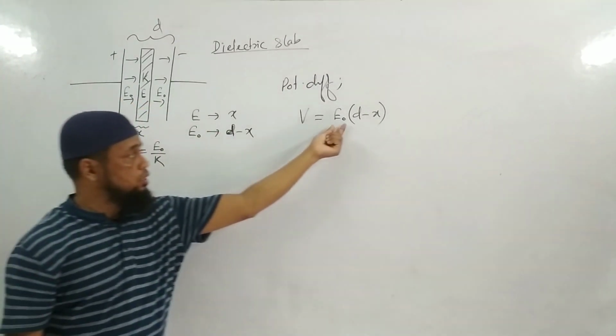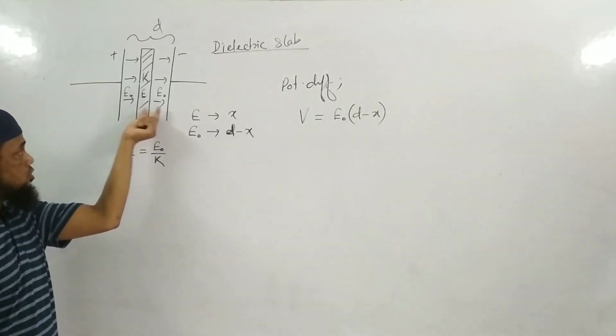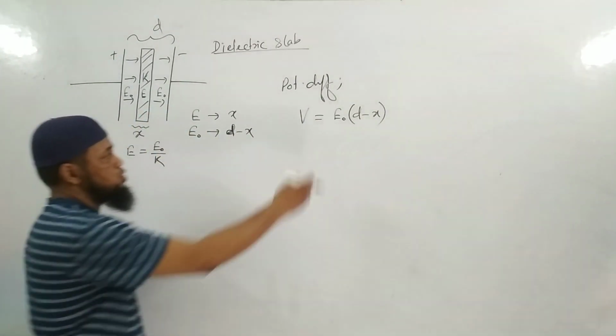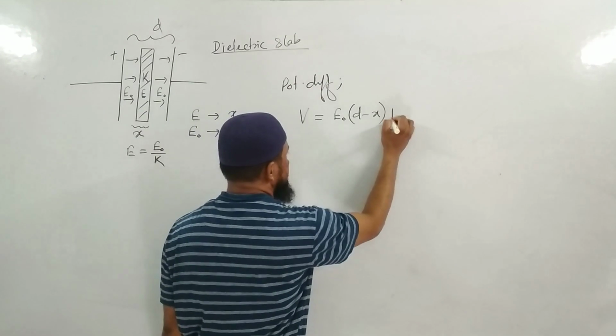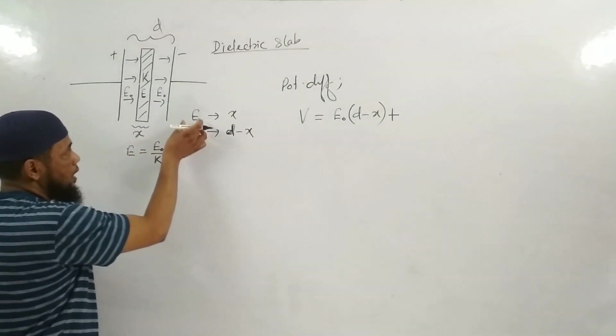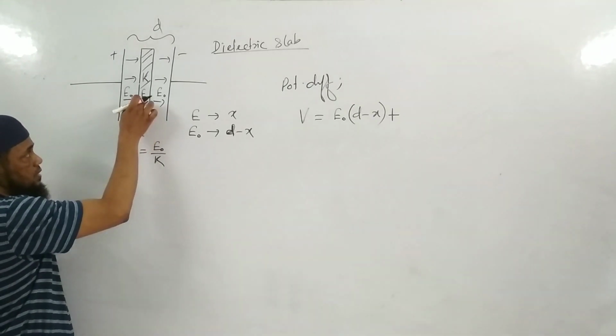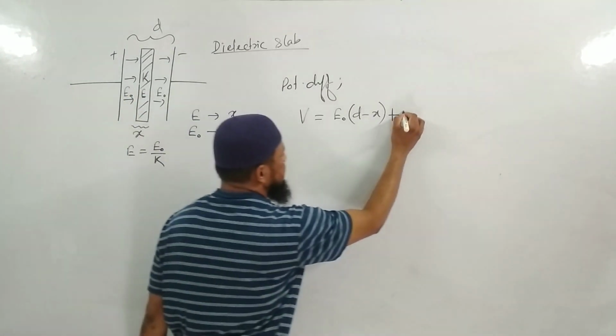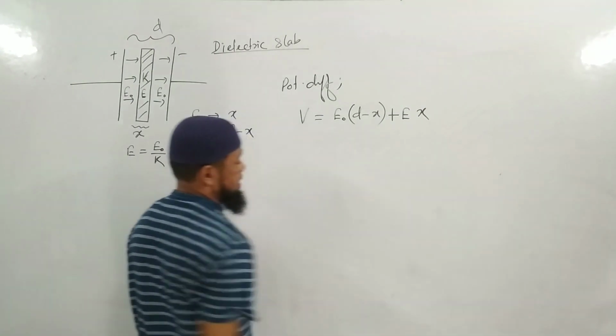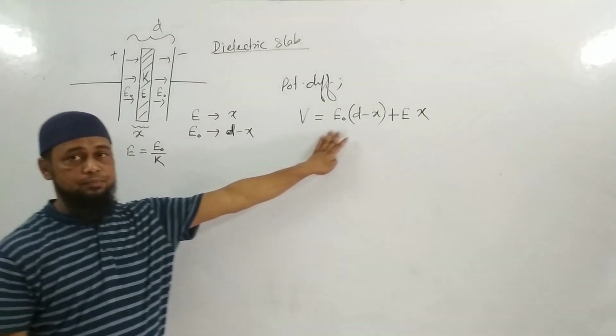So electric field E naught exists over a thickness of D minus X, so E naught into D minus X, plus for this particular electric field, the potential difference from here to here is nothing but electric field into distance, E into X. Think about it.